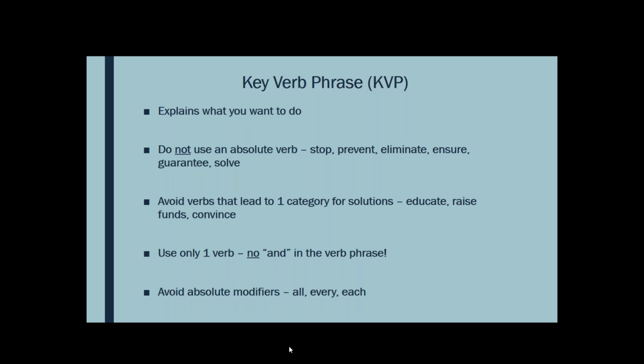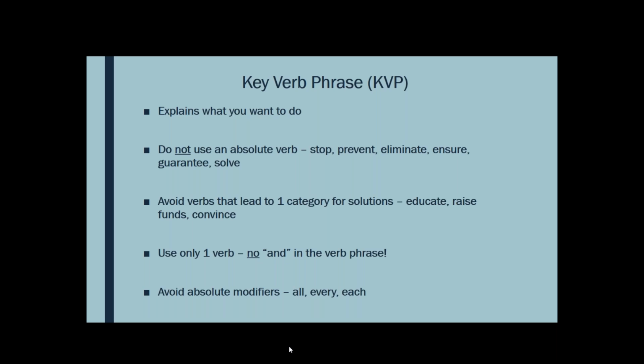Now, on the key verb phrase on step 2, you cannot use and. You can't improve and raise money. You have to do just one thing. Avoid absolute modifiers if at all possible.